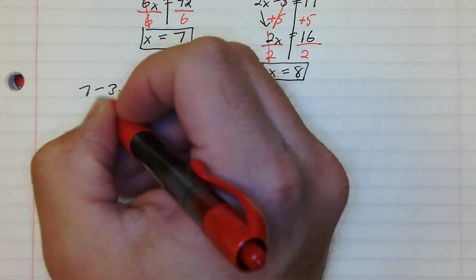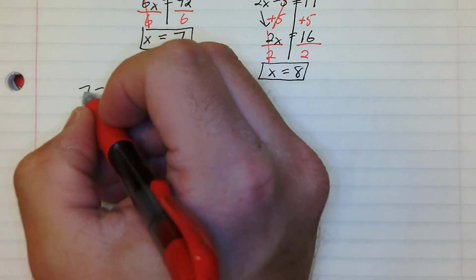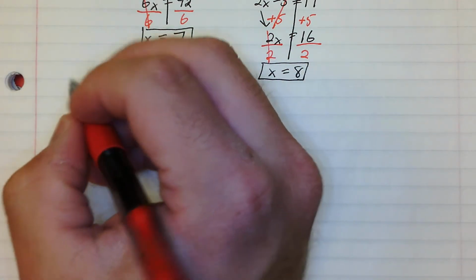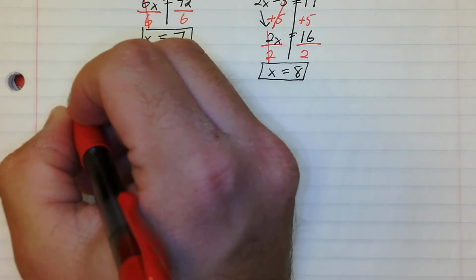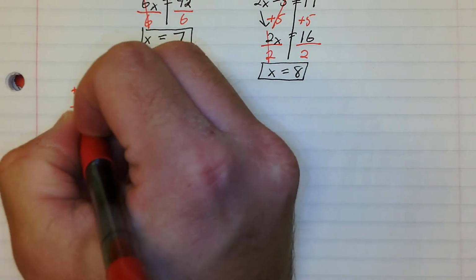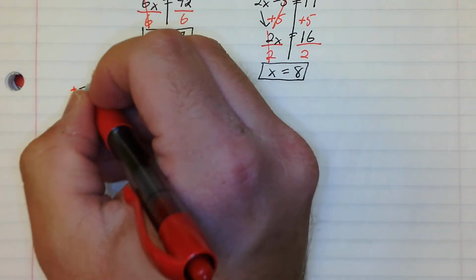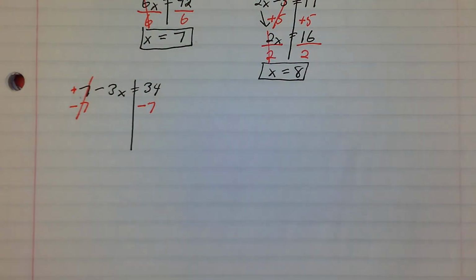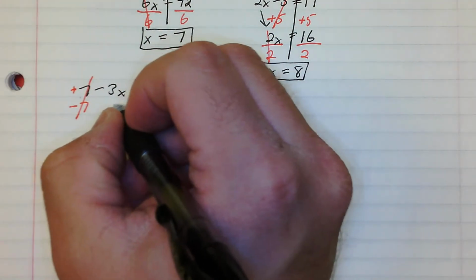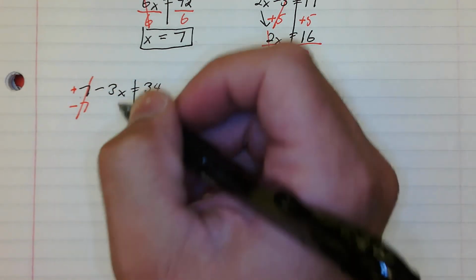So in order to get the negative 3, the variable, by itself, I have to get rid of this 7 first. Remember, this is still a positive 7, and the inverse of positive 7 would be minus 7. And what I do to one side, I have to do to the other. The 7s will cancel. Now, I didn't subtract 7 from the variable because constants can only go with constants and variables can only go with variables.